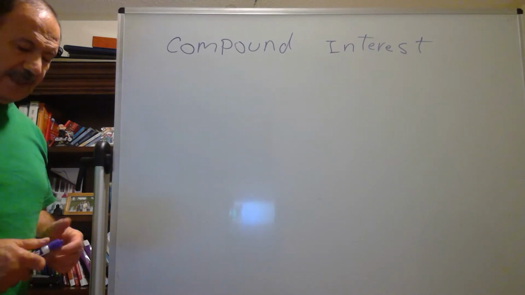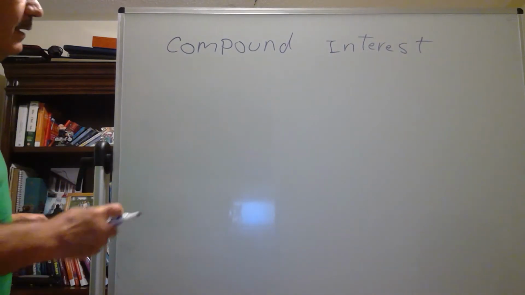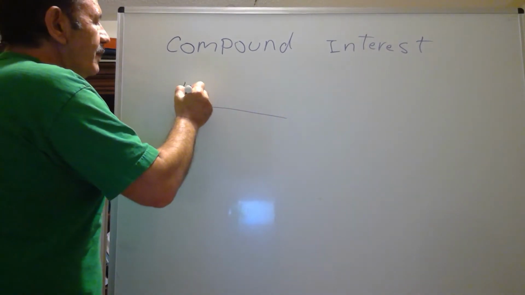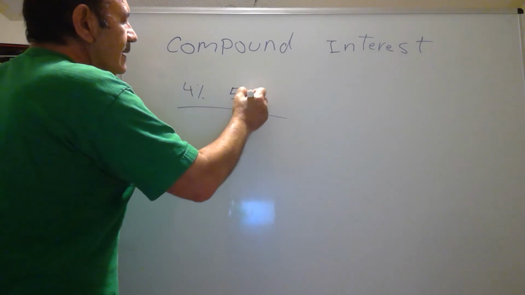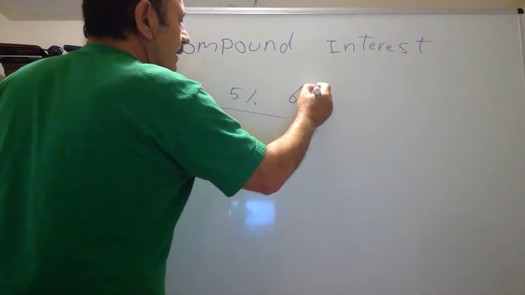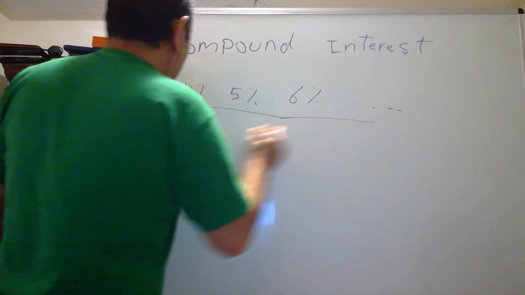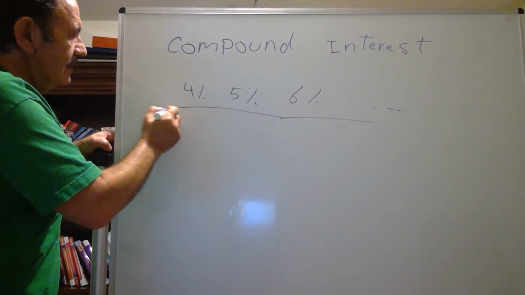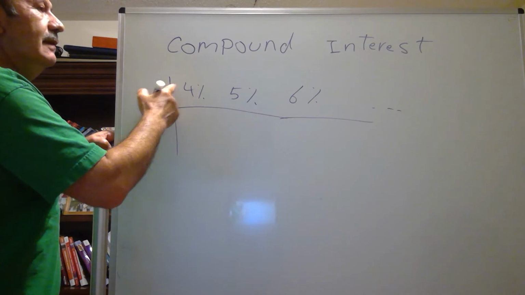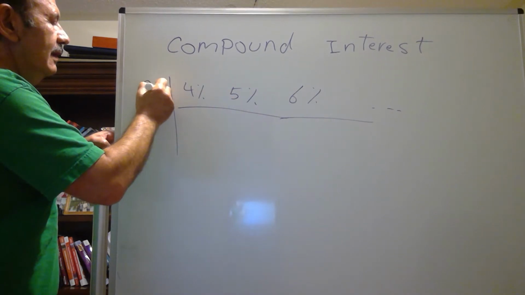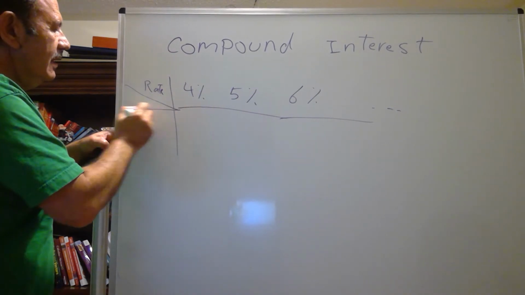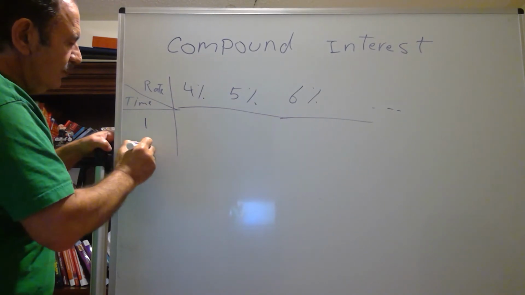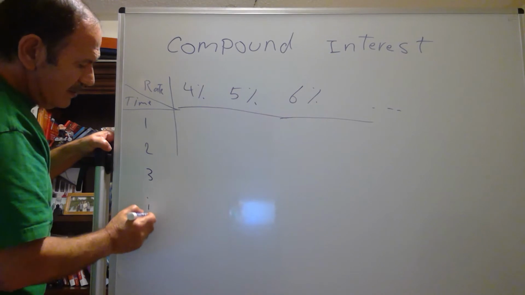There are some tables where the interest rates are written, as an example, 4%, 5%, 6%, and so on. And in this column, they are using 1 year. This is the percent, this is the rate, and this is the time, which is gonna be 1 year, 2 years, 3 years, and so on.